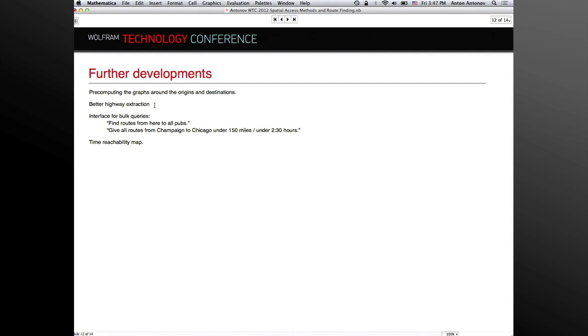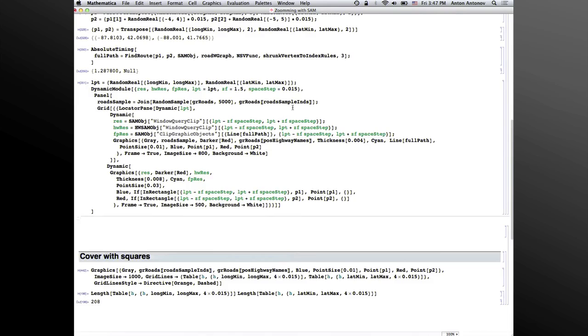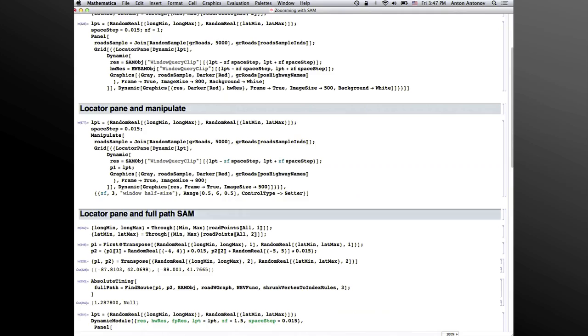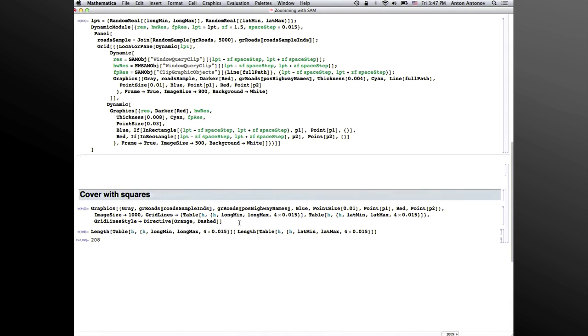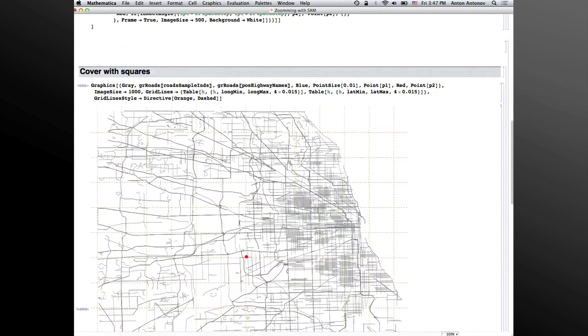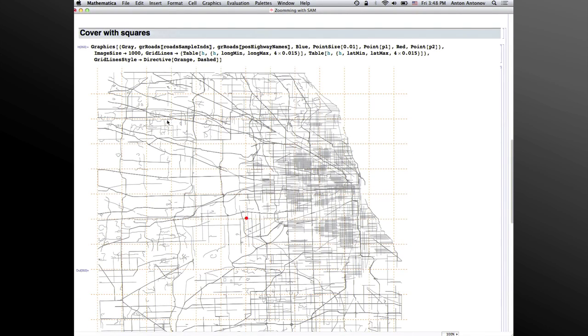Now, a natural thing to do is to speed up the whole process by using a grid. Instead of me producing small graphs by sampling the geographic data, I can just partition the region in this way and pre-compute all these graphs beforehand.